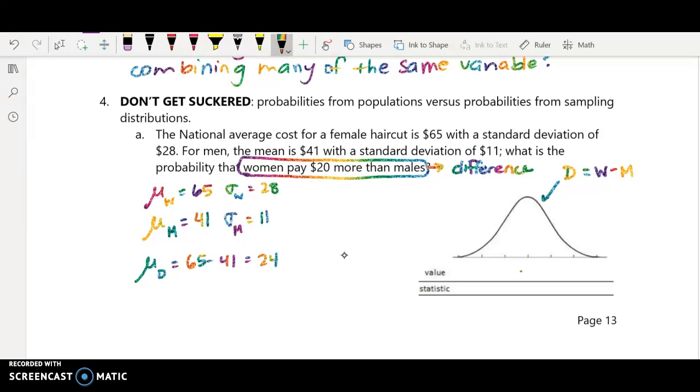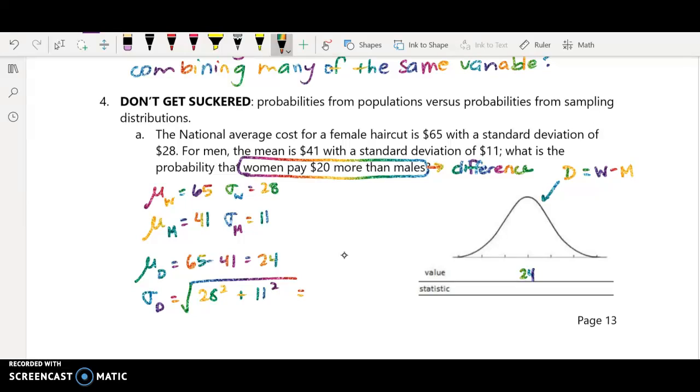And so I can use my rules for combining variables. 24. So on average, women pay $24 more than men. Which means the likelihood that we're going to pay $20 more is probably going to be pretty high.